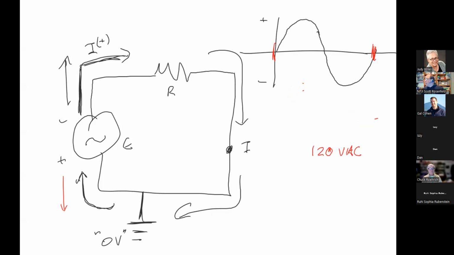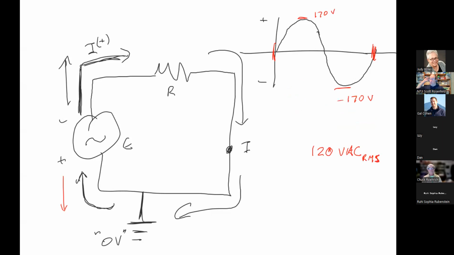What you would really find, if you were to actually take a picture of it with an oscilloscope, is that your peak was about 170 volts and your negative peak was about negative 170. And that is because this voltage AC is actually something known as RMS, which is root mean square.